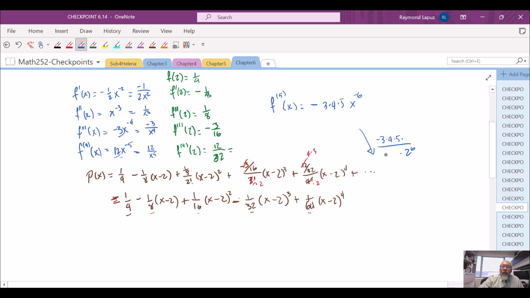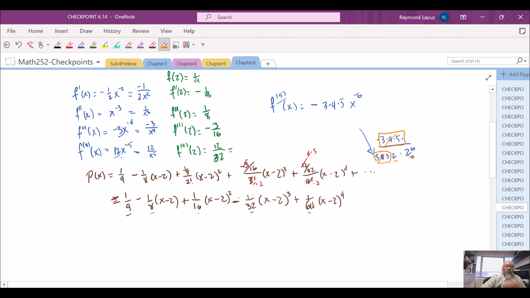And then what we have in the denominator is the factorials as well. So we're at 5, so we'll have 5 factorial, 5 times 4 times 3 times 2. And we can see that these 3 things cancel, and then this is 2 to the 6th, and we add one more, so it becomes 2 to the 7th, right?